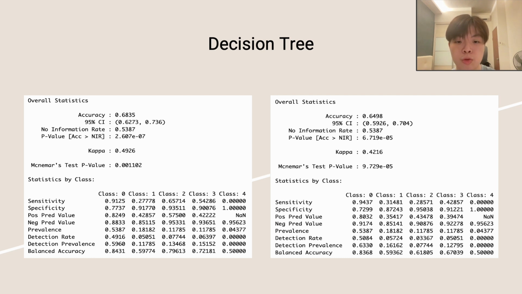Therefore, model 2, which uses all features, performs better overall than model 1, which uses the limited features. So this is evidenced by the highest overall accuracy, higher kappa statistic, and improved class-wise performance measures of the models.